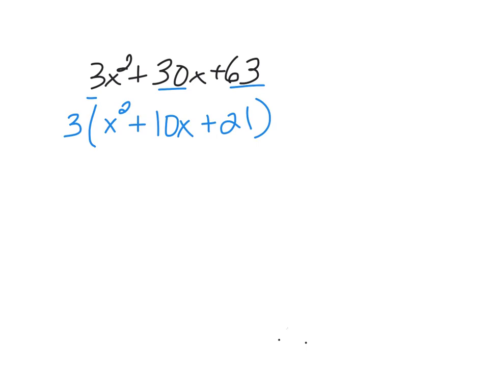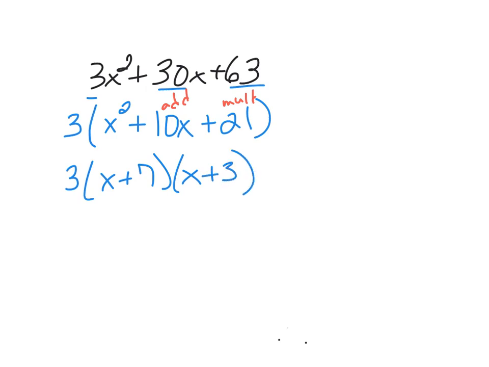Now, look what's in parentheses. Can I factor what is left inside the parentheses? So this is where I would think to myself, what multiplies to be 21, but adds to give me 10. And so this part's going to factor into x plus 7 times x plus 3. And we just keep that 3 that we factored out in front of all of it.